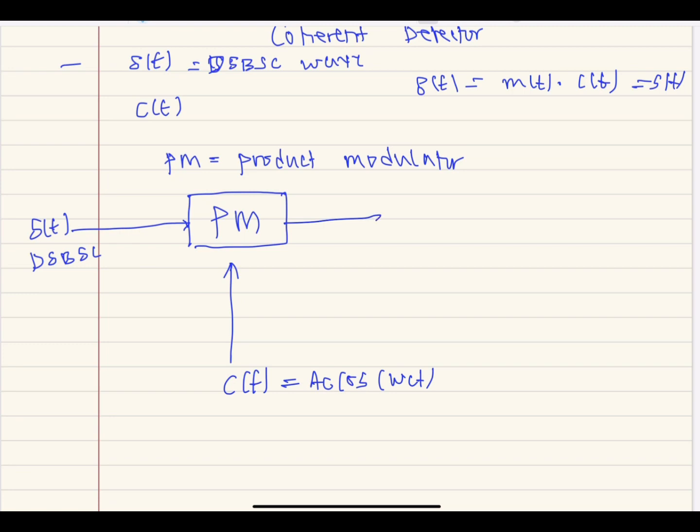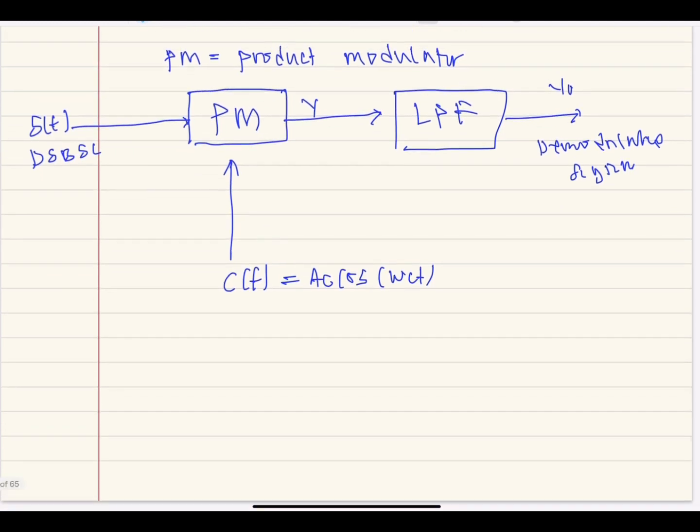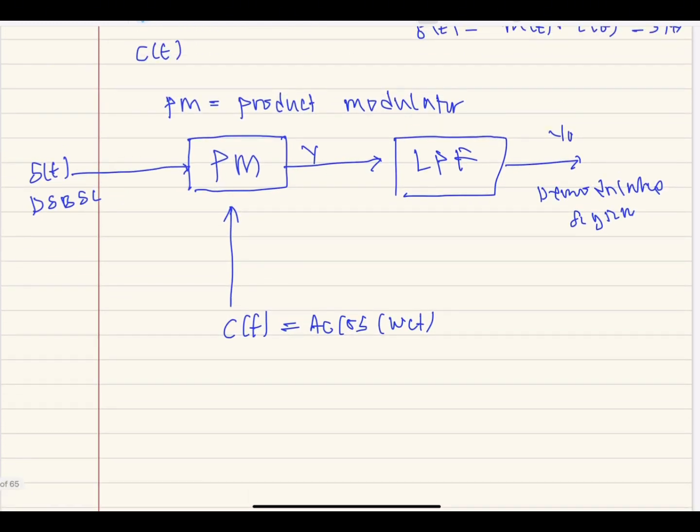The output of the product modulator will then pass through a low pass filter, LPF. We pass it through a low pass filter because our message signal that we want to extract is of a lower frequency, so the low pass filter will allow the lower frequency signal to pass whilst attenuating any other frequencies. As a result, we get our V out, which is our demodulated signal. So this is generally the block diagram for DSBSC demodulation.